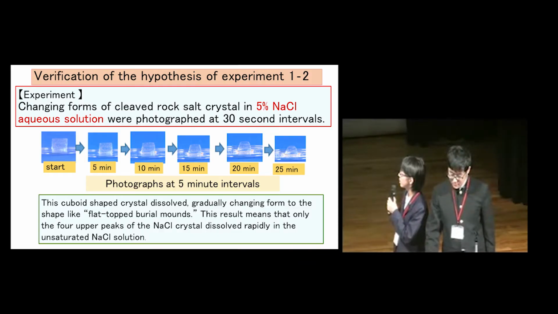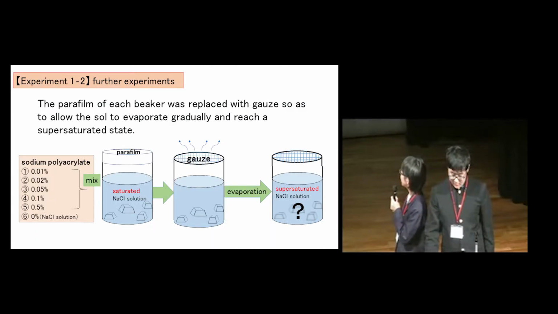So we verified our hypothesis. We observed the changing forms of rock salt crystals in 5% NaCl aqueous solutions. The crystal dissolved like this, so this result means that the previous crystals were also dissolved. Then we replaced the paraffin of each beaker with gauze to allow the water to evaporate gradually and reach a supersaturated state.